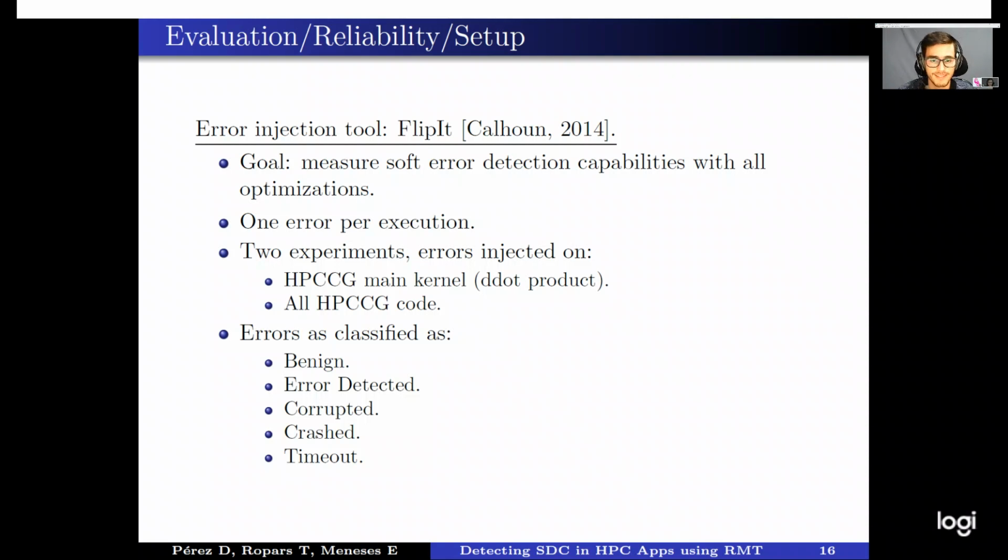If the technique detects there is variation, we will classify that error as detected. If the application finishes correctly, but with a different result than the expected, we will classify that error as corrupted. If the application crashes, that error is classified as crashed. And if the application does not finish, it's classified as a timeout.